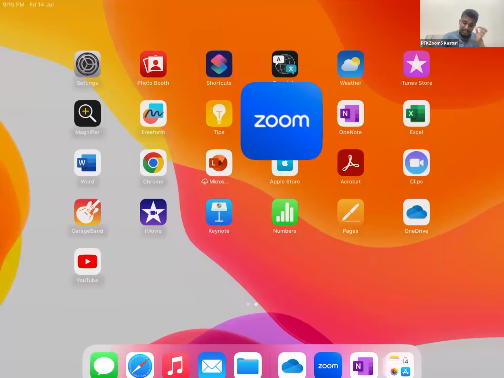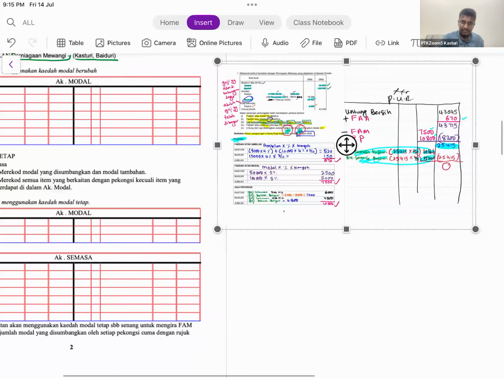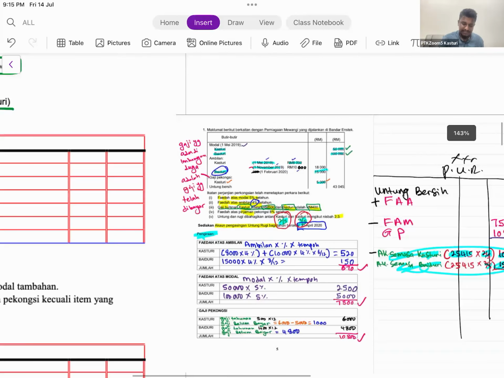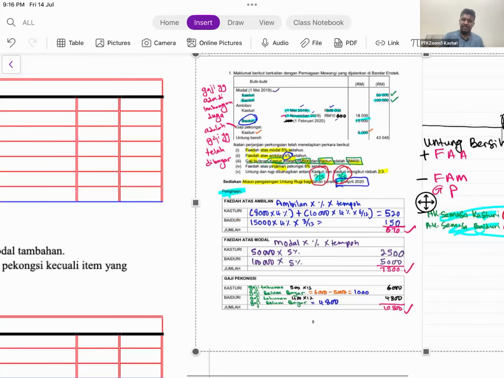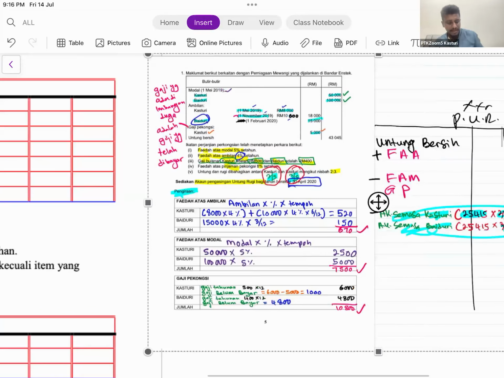Okay, I already screenshot the answer that we discussed just now in the side by side. So, but you refer your answer. Can?